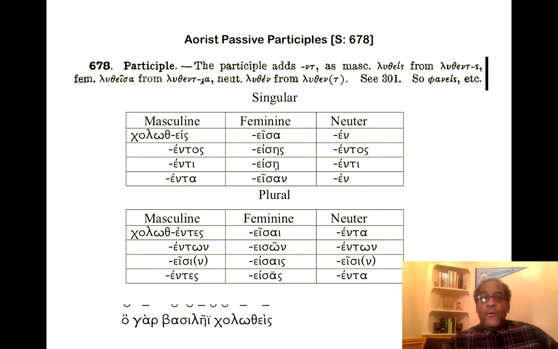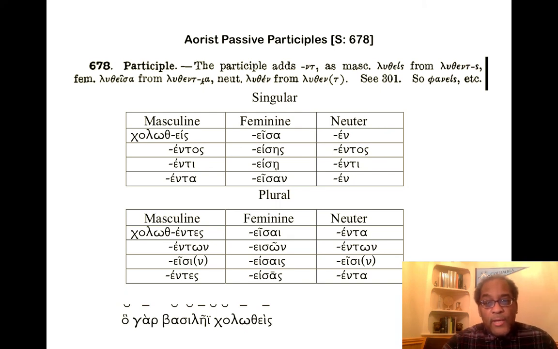Okay, so because we've seen it in what we've covered of the Iliad so far, I wanted to show you the endings of the aorist passive participles, even though our full discussion of participles is still down the road. We see that the participle of the aorist passive adds nu tau, and thus in the masculine you get lutes from lutent, and lutesa for the feminine, and then luten in the neuter.